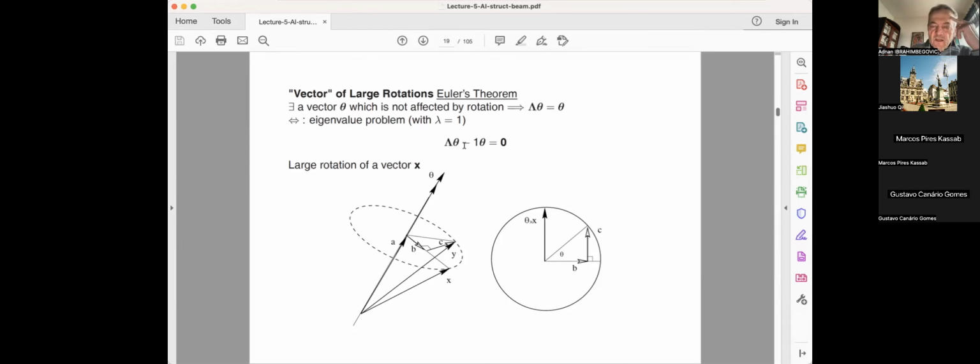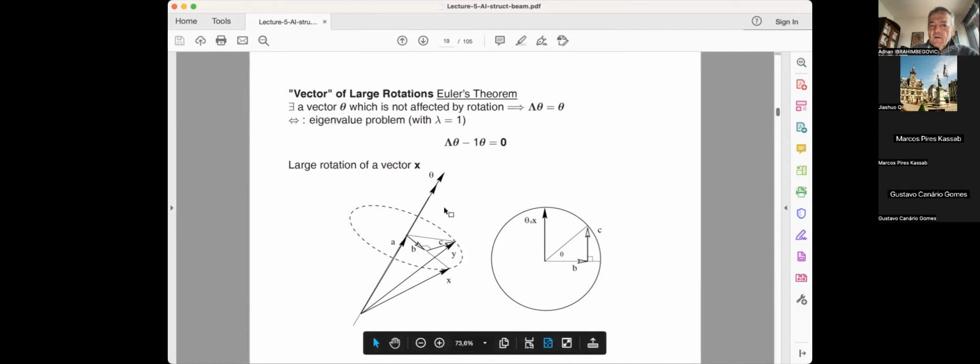And this one can be characterized with 3 components, theta 1, 2, and 3. And so when I'm doing a large rotation, for example, I have x, multiplying lambda by x to produce the vector y. I can build this new position y with a vector a plus b plus c. Here in the plane, when you cut it perpendicular to the rotation axis, you have your b, you have your c. And you can say that a is simply the projection of x on the rotation vector. So this is x dot theta.